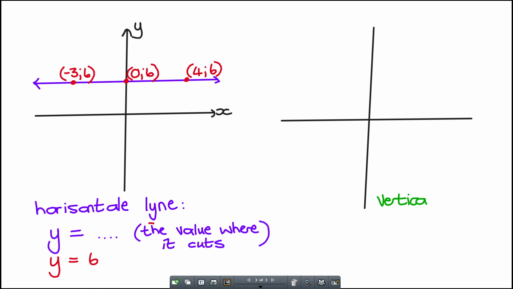Now, when we get to vertical lines. Vertikale lyne. Is dit reg gespel? Voel jy reg, he? Okay, so if I have vertical lines, it would look something like that.